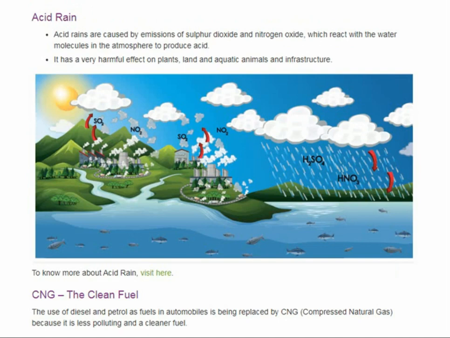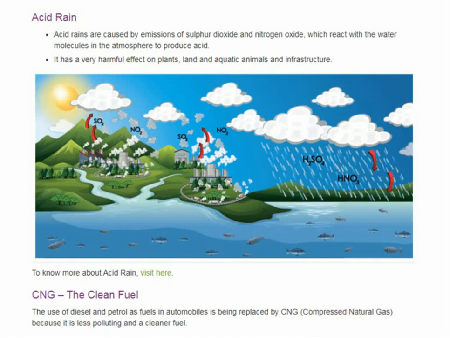So, as you can see here in this figure, the sulfur dioxide and the nitrogen oxide are coming from these different laboratories and factories, and these then get emitted, and then they come down in the form of rain, and these come as acid rains. So acid rains are very harmful as they affect plants, lands, aquatic animals, and the infrastructure of earth.